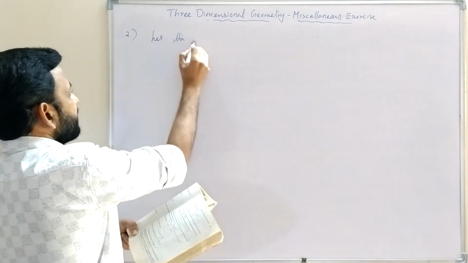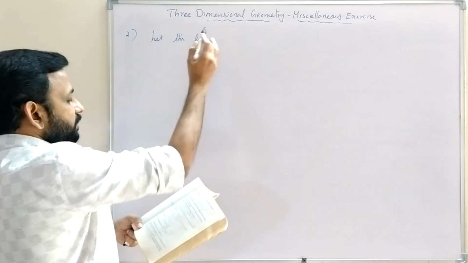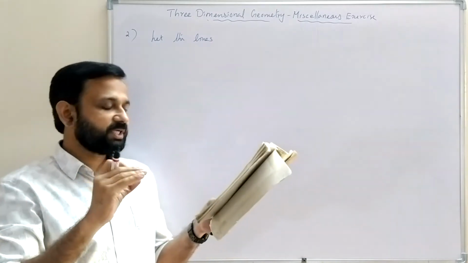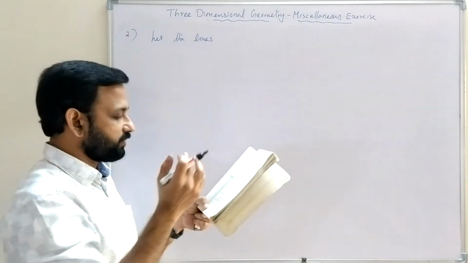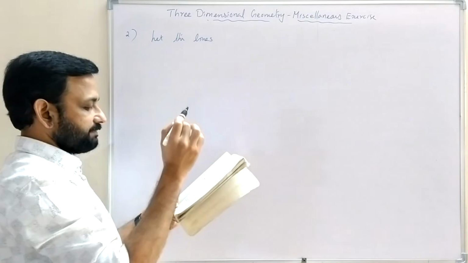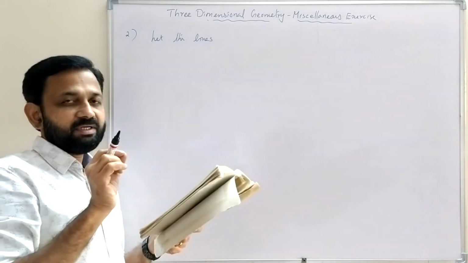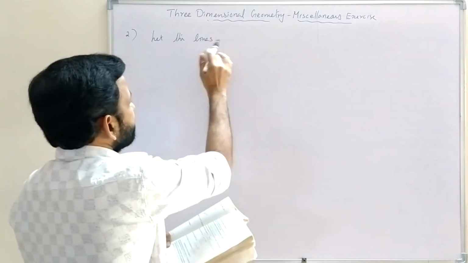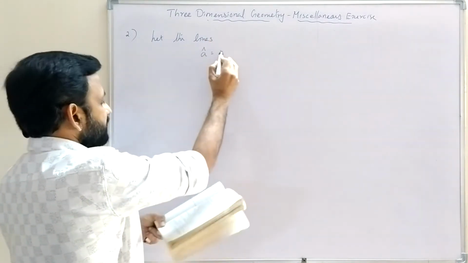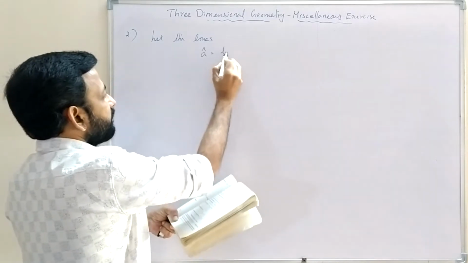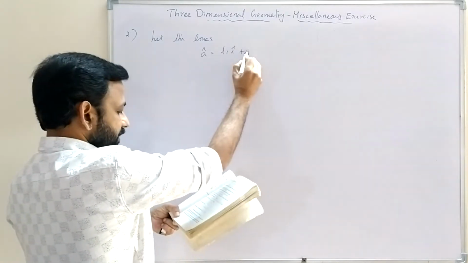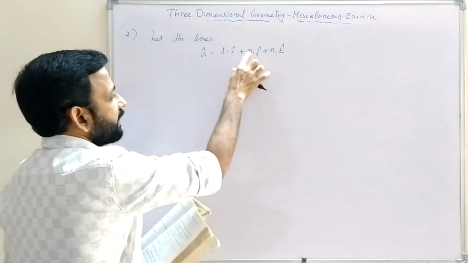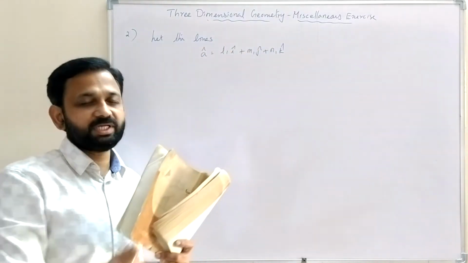Let the lines. So direction cosines of the first line is given, L1, M1, N1. And the direction cosines of the second line is given, L2, M2, N2. Therefore, the unit vector corresponding to that line, that is a cap, is L1 i cap plus M1 j cap plus N1 k cap, because L1, M1, N1 are direction cosines.